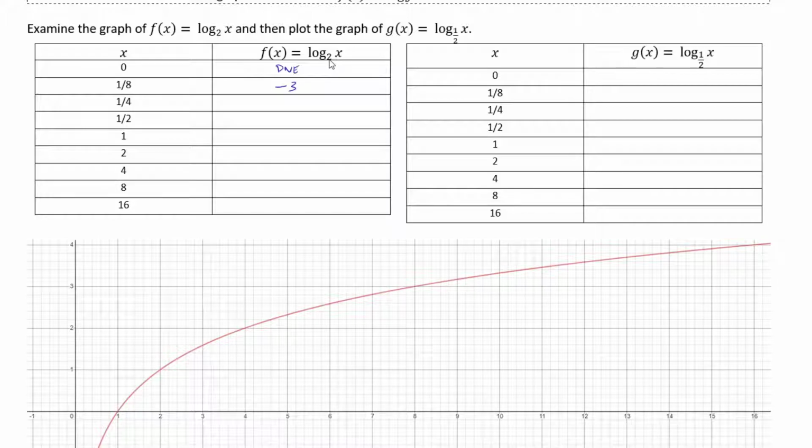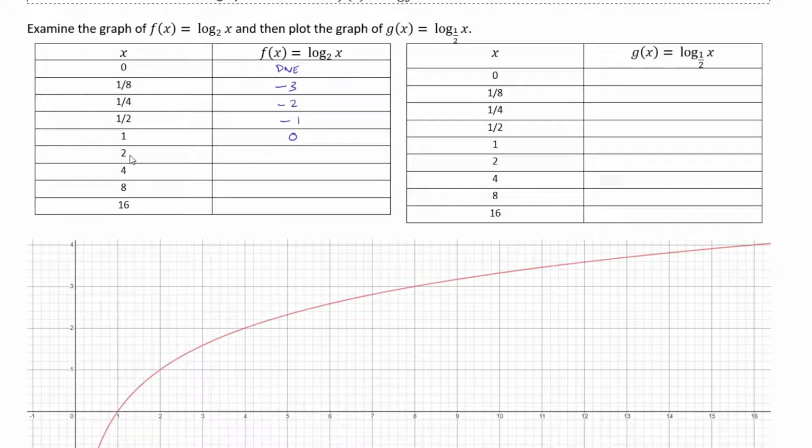What's the exponent on 2 that would cause it to equal 1 over 4? -2. If we have 1/2, what's the exponent on 2 that causes it to be 1/2? -1. And what exponent on 2 would cause it to become 1? Well, if you have 2 to the power of 0, that is 1. So 0.